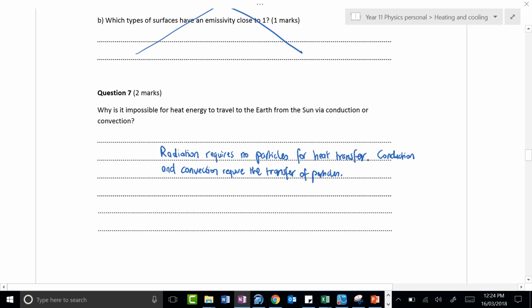And we can also mention that radiation from the sun travels to Earth through the vacuum of space.